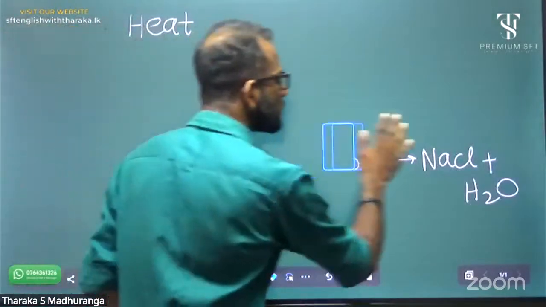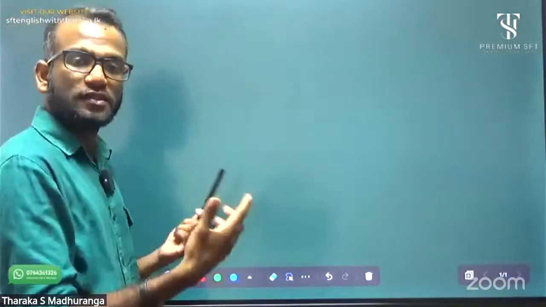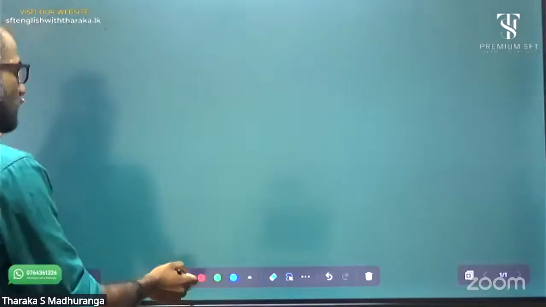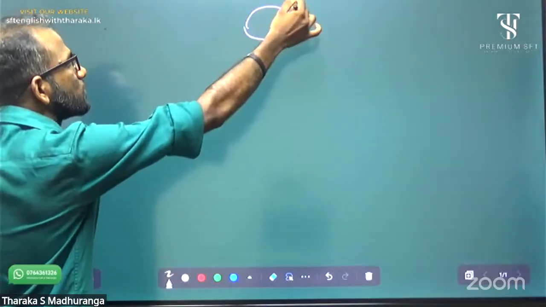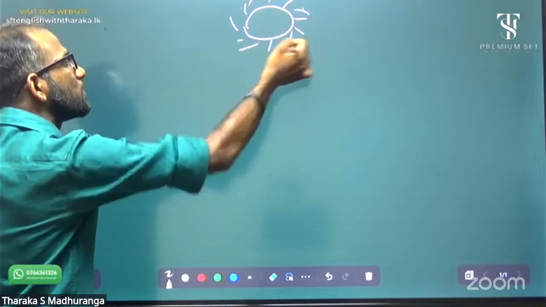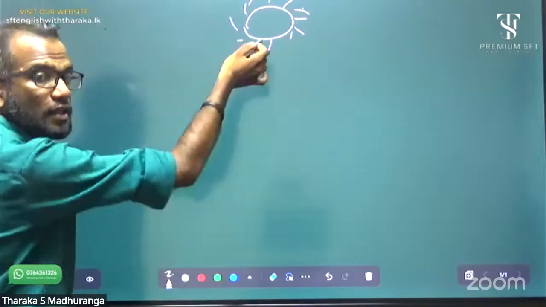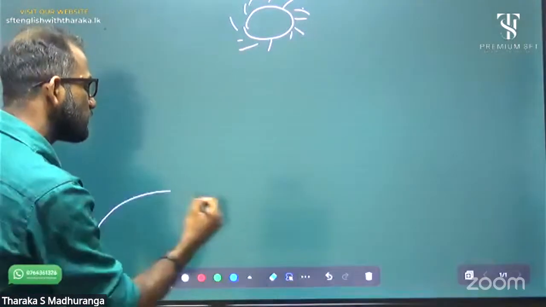Why do we call it a constant value? See, energy is a constant amount. This is the sun, right? The sun is the main energy source of the earth. It releases heat and light energy. Think of this earth.